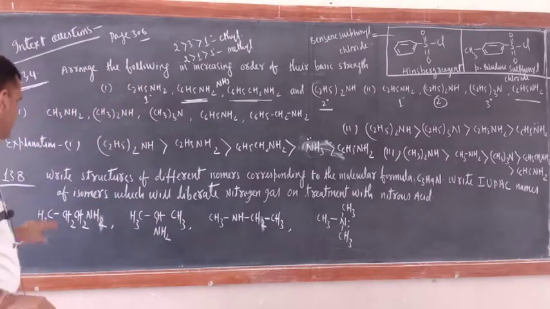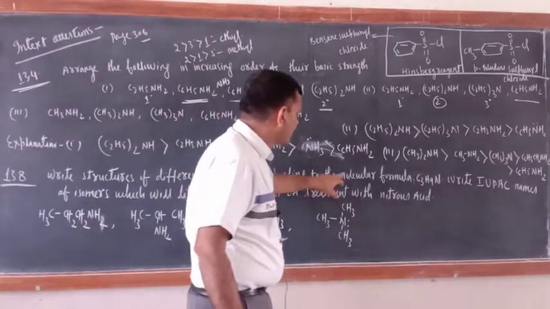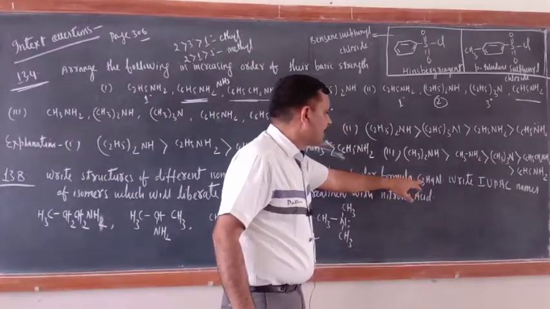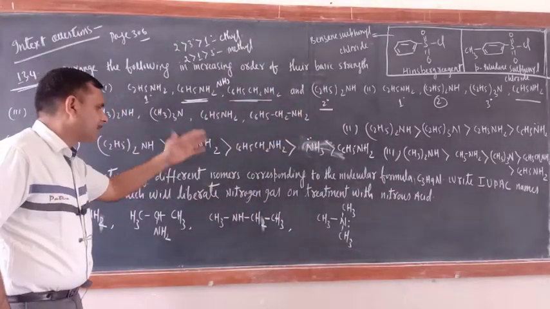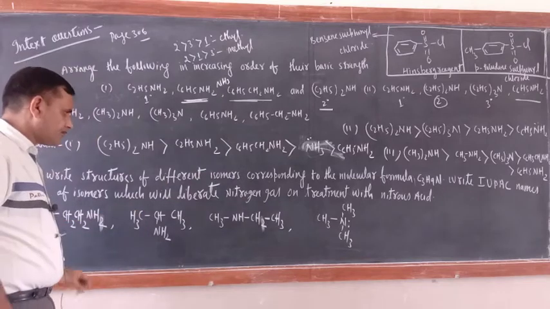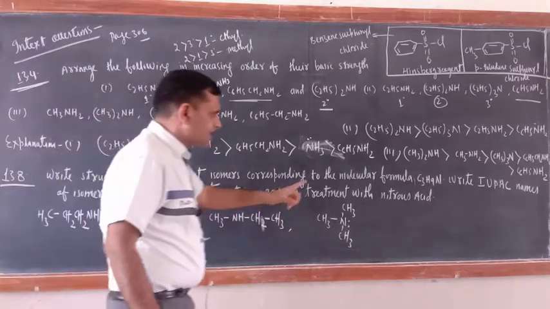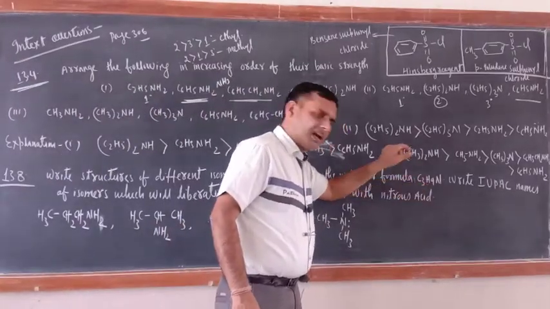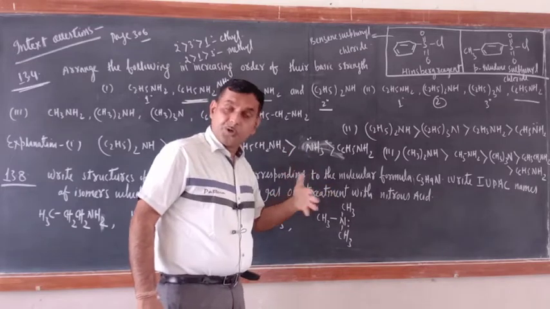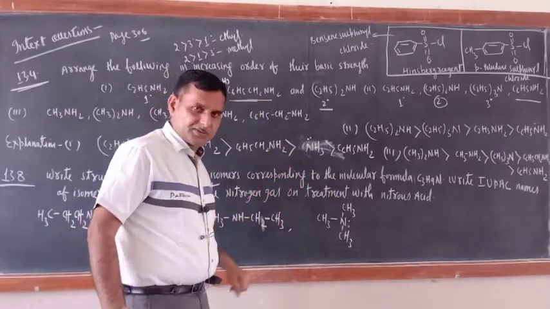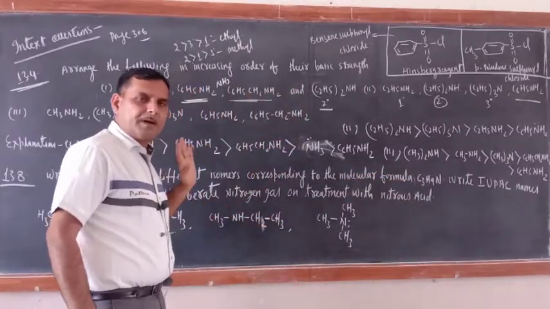Just see. Your first thing is write the isomer of this molecular formula. So you know from the 1 degree, 2 degree, 3 degree amines, they are the functional isomers. So with this given formula, 1 degree, 2 degree, 3 degree amines can be formed.